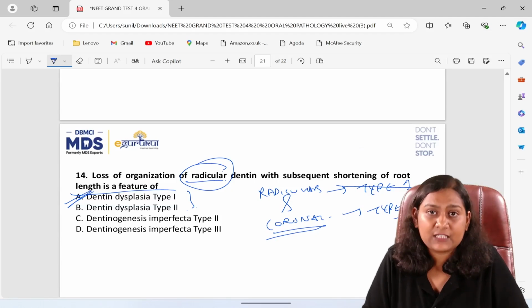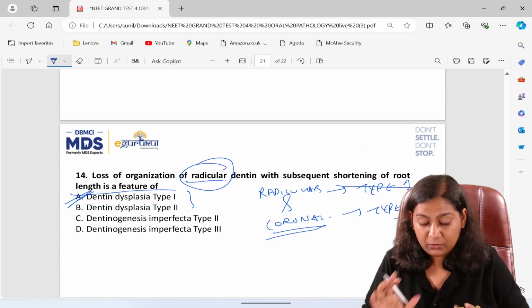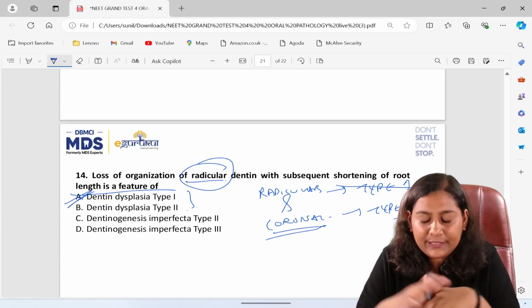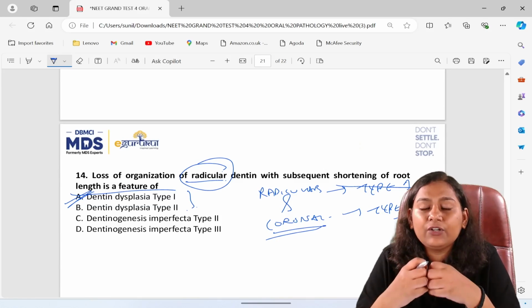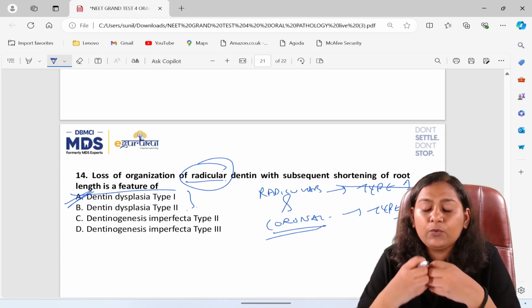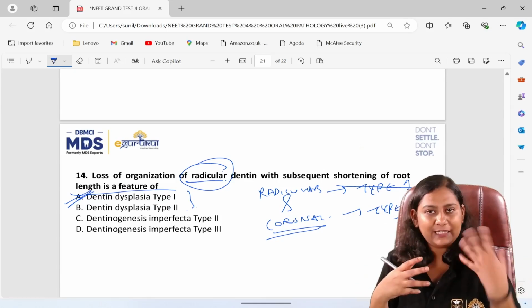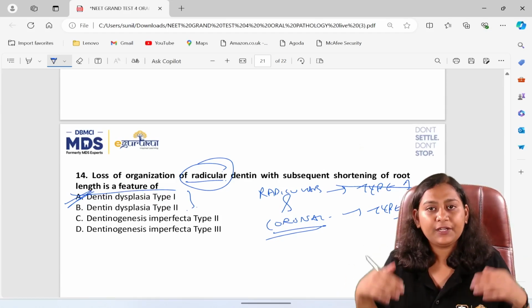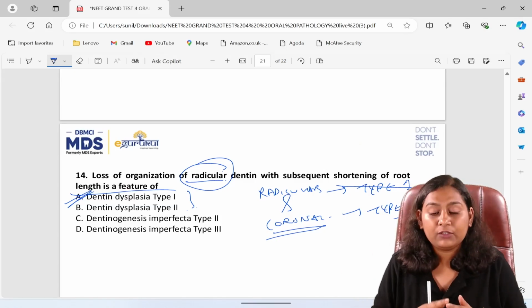Now, what is dentine dysplasia? Here there is disturbance in the dentine formation. Okay, but here the enamel is totally normal. It is characterized by normal enamel, and the dentine is atypical with abnormal pulpal morphology. The problem is in the dentine and the pulpal morphology. Now I always tell you, either it is dentinogenesis imperfecta or dentine dysplasia. Type 1, so what will happen in type 1?